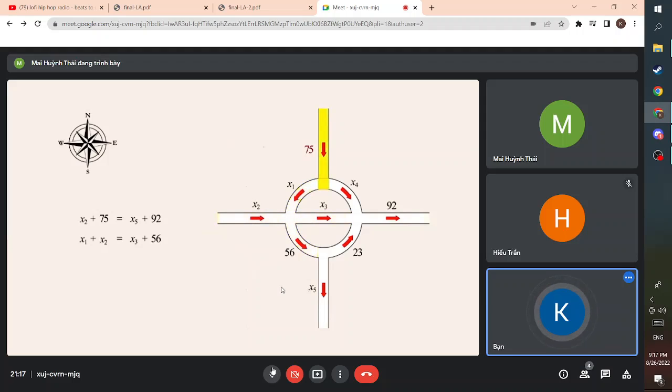The traffic flow into the north intersection equals the flow out of it. This will be the same for the east, the west, and the south.